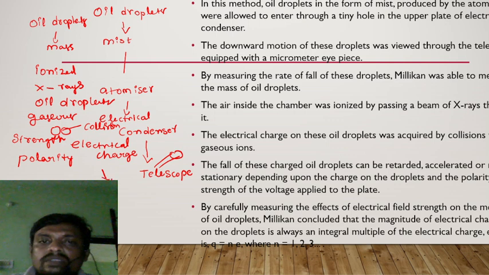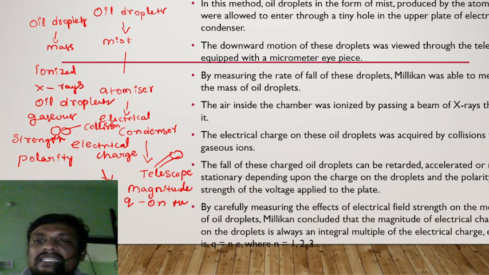By carefully measuring the effects of electrical field strength on the motion of oil droplets, Millikan concluded that the magnitude of the electrical charge q on the oil droplets is always an integral multiple of e, the electrical charge.